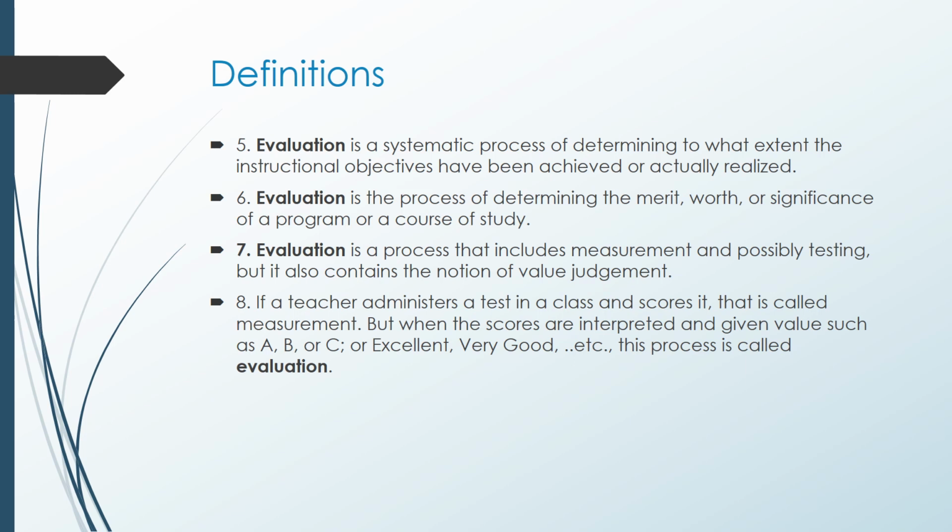Excellent. If you get from 80 to 89, this means very good, and so on. So here you are giving the scores their value. Is it clear? So when you do that, you are doing what? Evaluation.